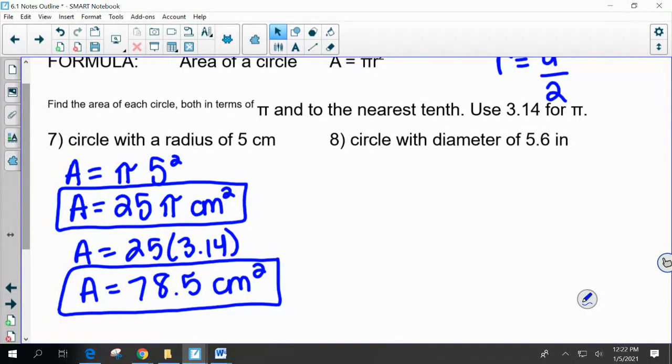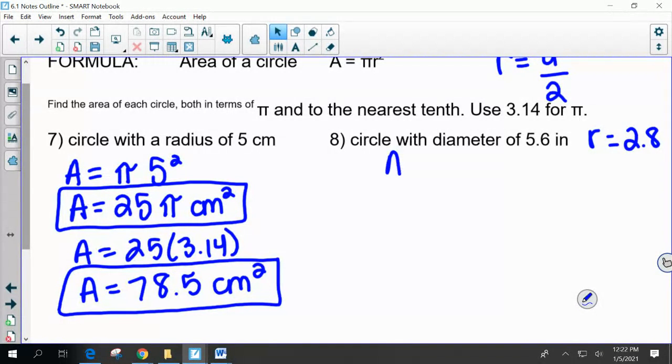Okay, so for number 8, a circle with a diameter of 5.6 inches. So I have to do something here first before I start. I have to find my radius. So 5.6 divided by 2. What do you get for your radius? 2.8.